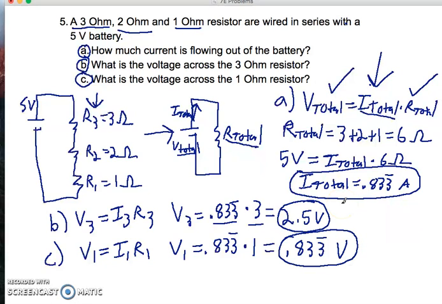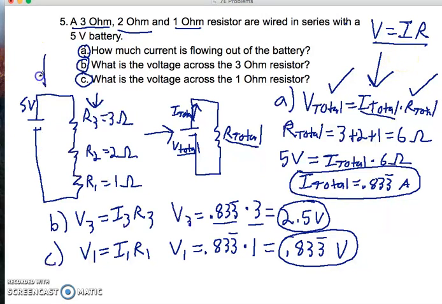So that is the problem, the voltage across the 1 ohm resistor. I know there's a lot going on here, but the only thing really new in the unit is Ohm's law.